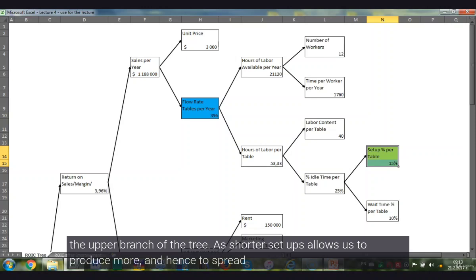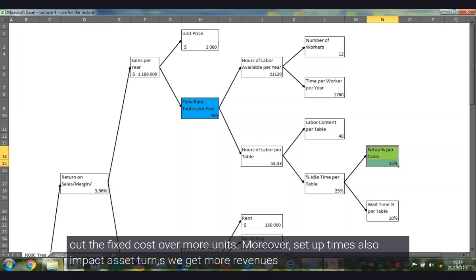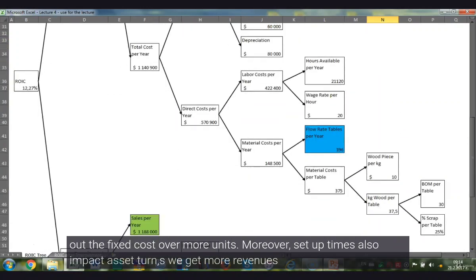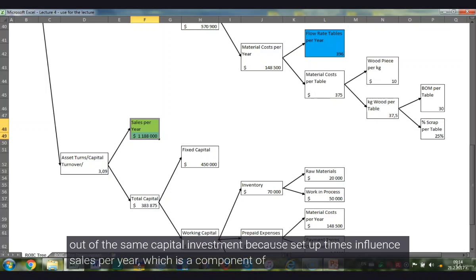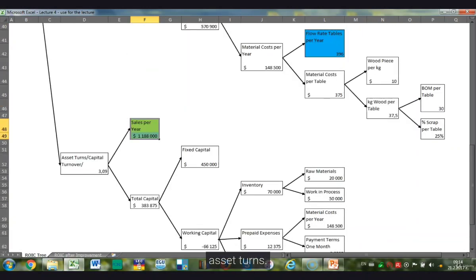A shorter setup allows us to produce more and hence to spread out the fixed cost over more units. Moreover, setup times also impact asset turns. We get more revenues out of the same capital investment because setup times influence sales per year, which is a component of asset turns.